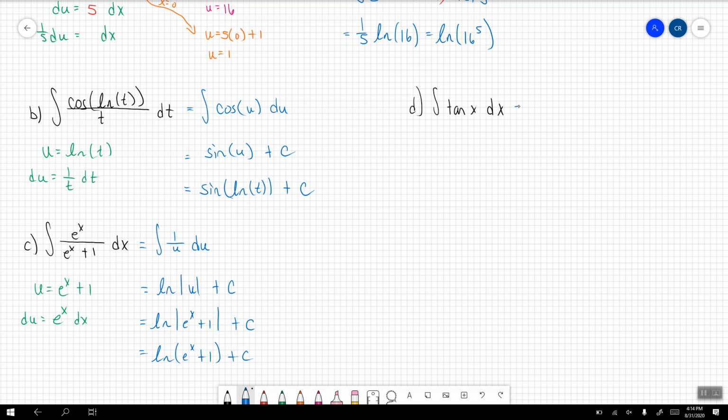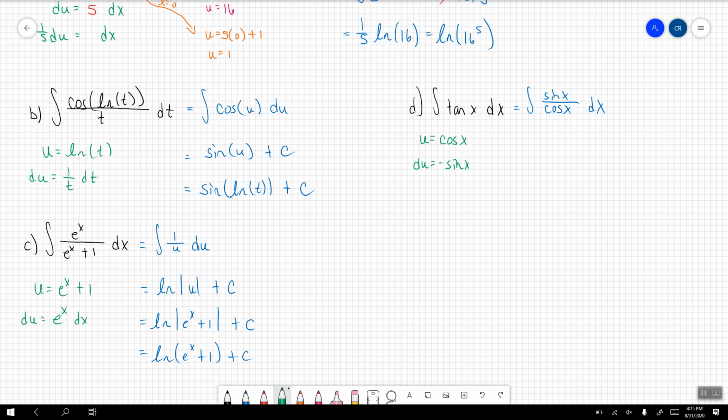Okay, so for the first part, I am going to rewrite tangent in terms of its quotient, which is sine of x divided by cosine of x dx. And then I'm going to make a substitution that the denominator, cosine of x, is u. Well, if that's the case, then when I take the derivative, I get negative sine of x.